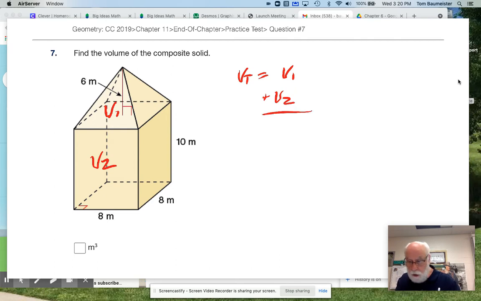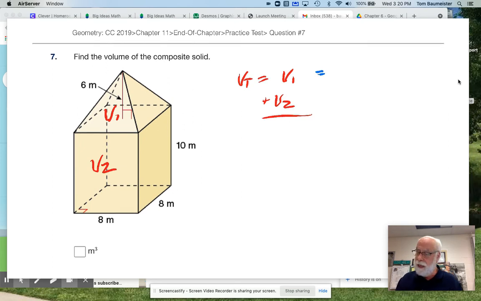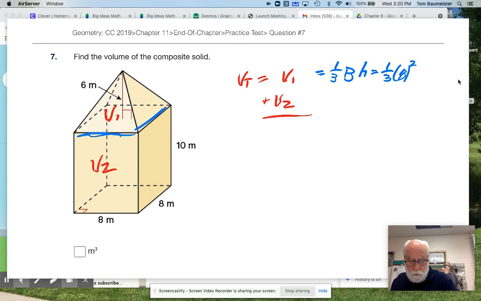So if we take the volume of the first one, again, it's 1/3 the area of the base times the height. On this one, what's nice is it's a square pyramid, so it's 8 times 8, or 8 squared. Which will equal 128 when you plug it in.